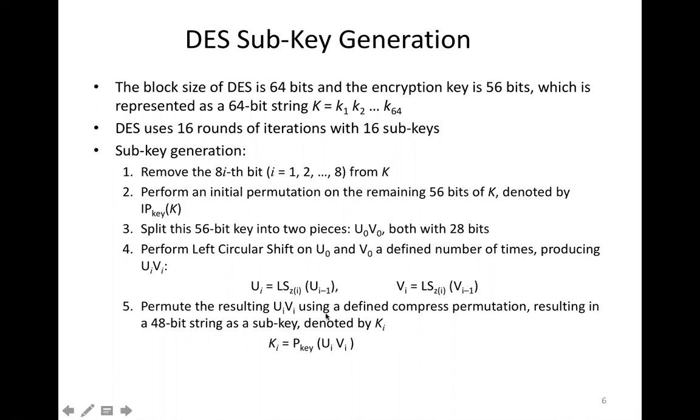It was a 56-bit input, so you want to produce a 48-bit output as a substring. So this is a compression function. The input here has 56 bits, and the output is 48 bits. So you need to compress a little using a predefined function, P sub key.